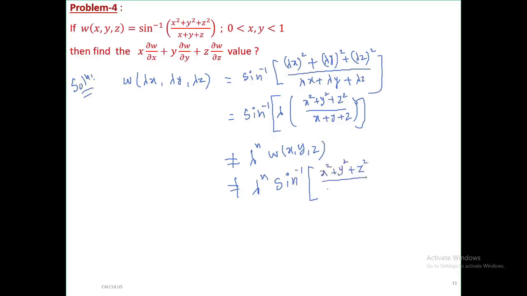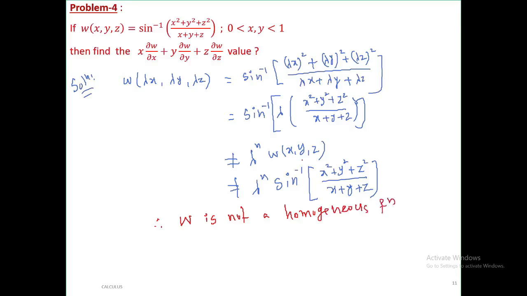So therefore the conclusion is, w is not a homogeneous function. So once it is not a homogeneous function, then what to do?